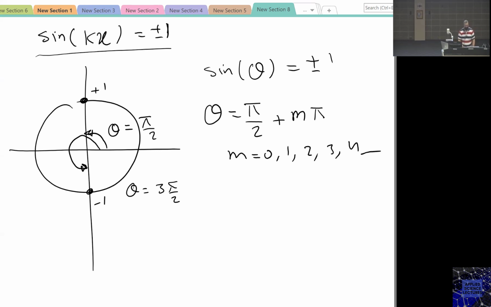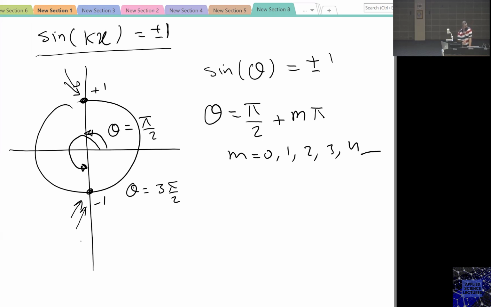So those are the phases that will give me sine to be 1, -1, 1, -1. It's a periodic function with a phase interval of pi. But the starting point here is pi over 2, not 0. So I'm starting from here and then jumping to here, then coming back, jumping to here by adding the phase interval of pi.